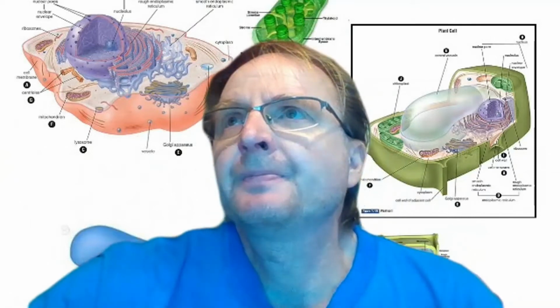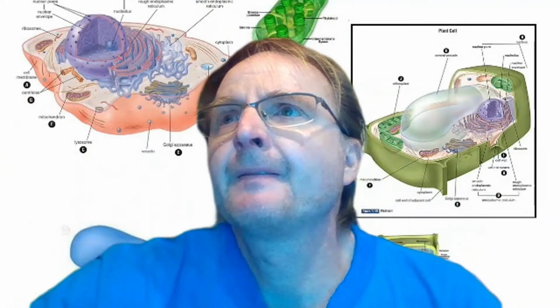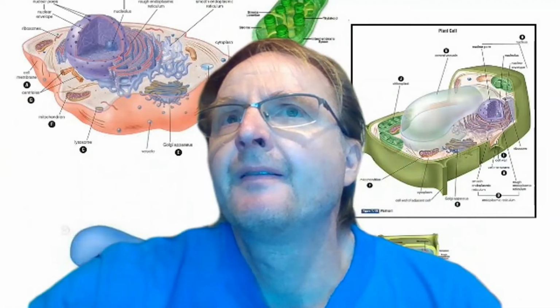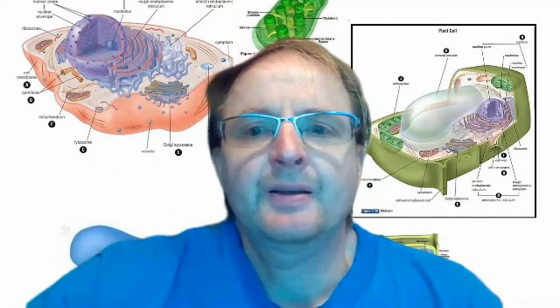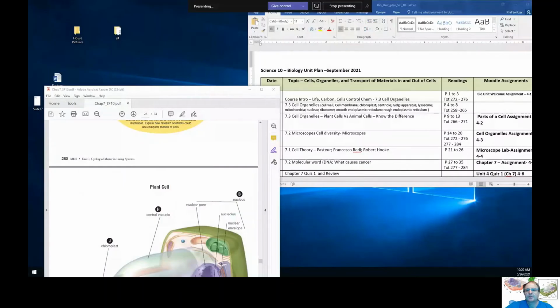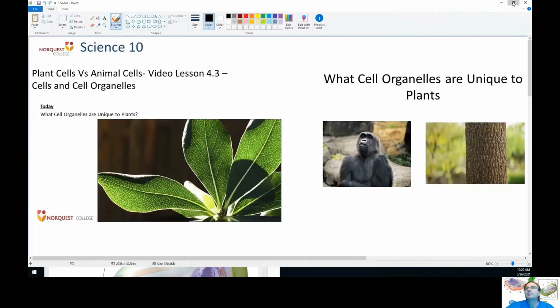I'm going to share my screen, and I want to make sure I've got my notes for you here. You can see the textbook page where you should be at.